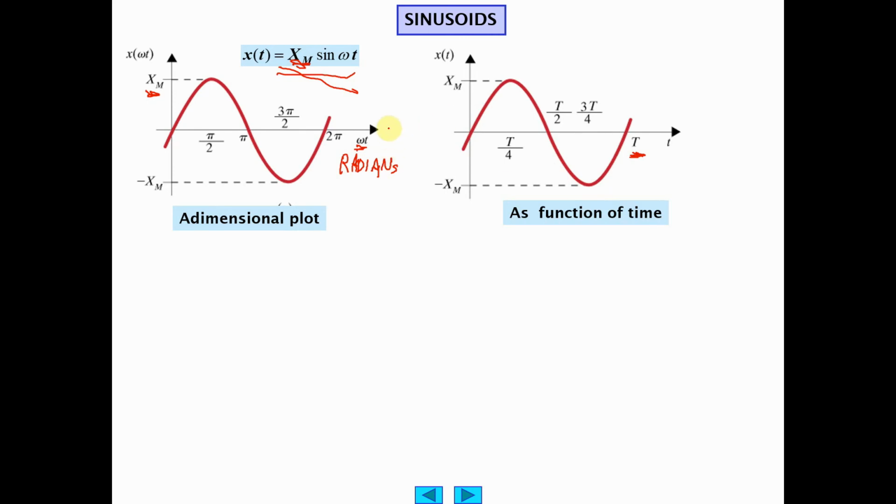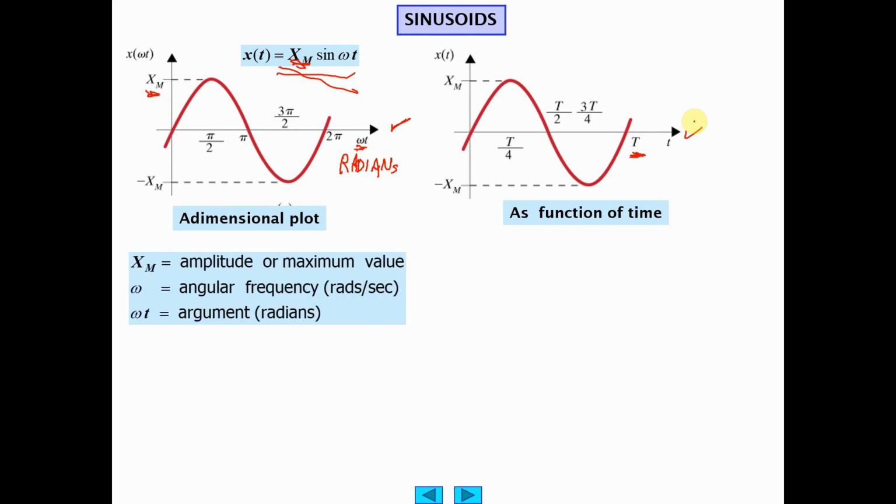So we can look at things under the angle domain or the time domain. Sometimes the angle domain is more useful, by the way. So this just says what I just finished with. The period is 2 pi radians, or omega t has to equal 2 pi. Here's omega t. One full cycle is 2 pi radians.